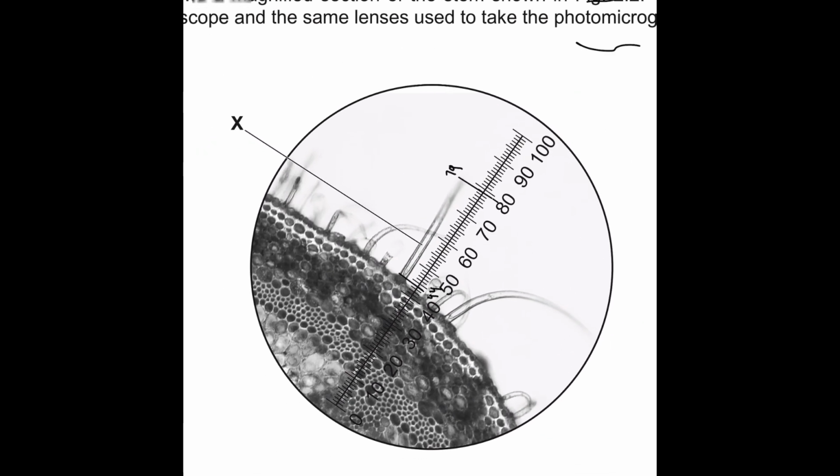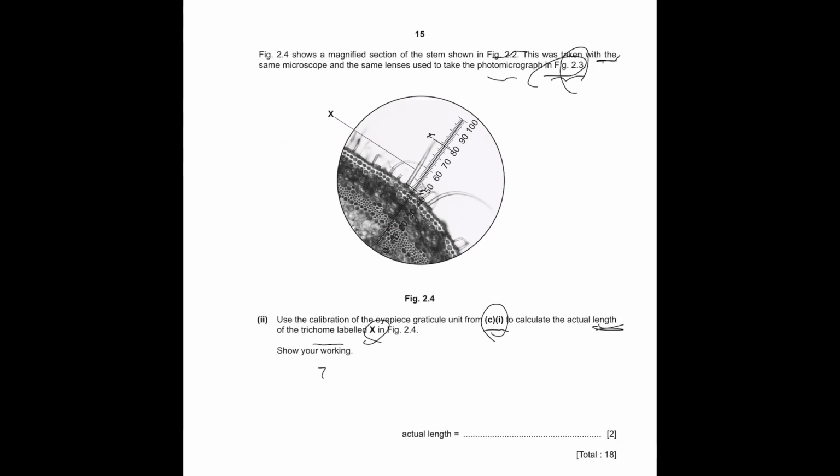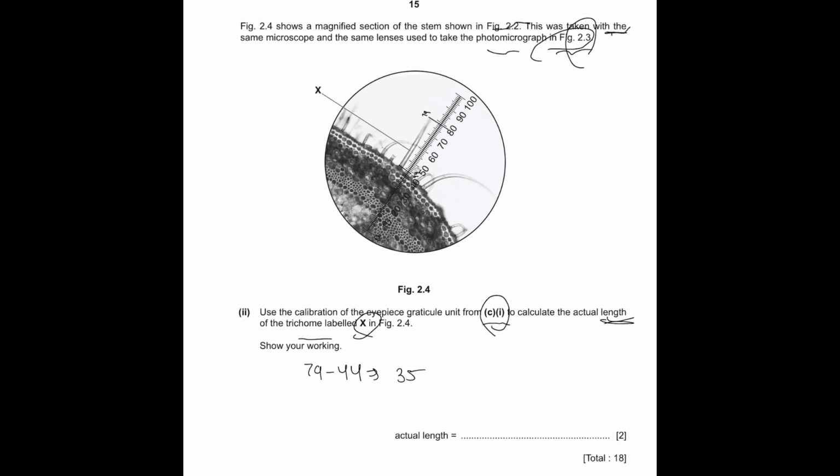And then we're gonna do 79 minus 44, which is 35. You guys can get a different answer because there's a range. Okay, so we have 35 eyepiece graticule units for X, and we have one eyepiece graticule unit, which we got as 12.5.